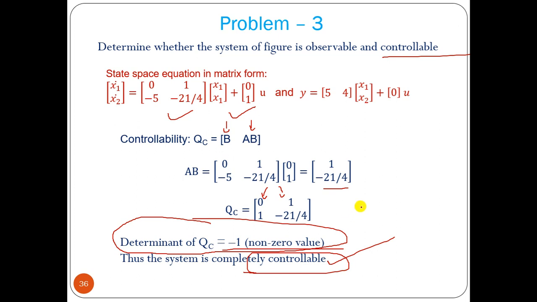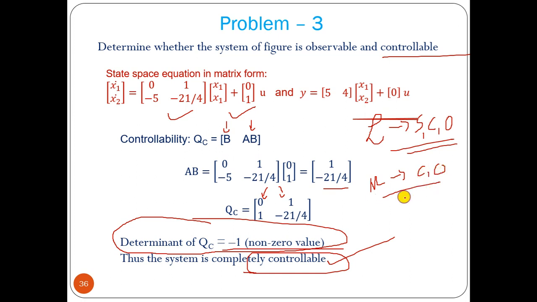For a linear system we can find out its stability, controllability and observability. For a nonlinear system we can specially find out controllability and observability.